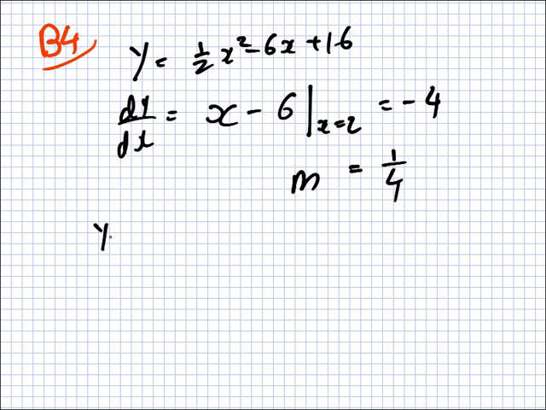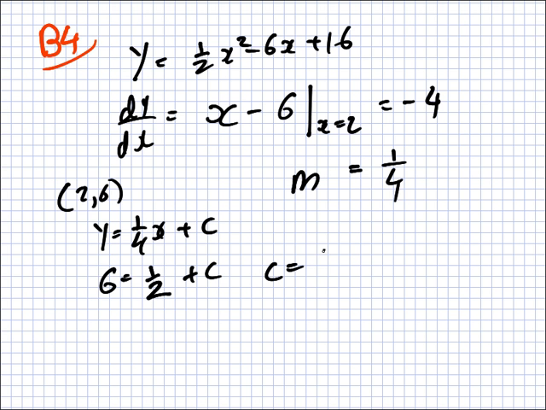So now I have y equals 1 over 4 x plus c. The point I need to use is 2, 6. So that's 6 equals a quarter times 2, which is a half, plus c. So c is 11 over 2. So I have y equals a quarter x plus 11 over 2.